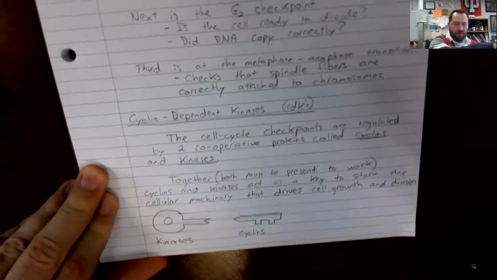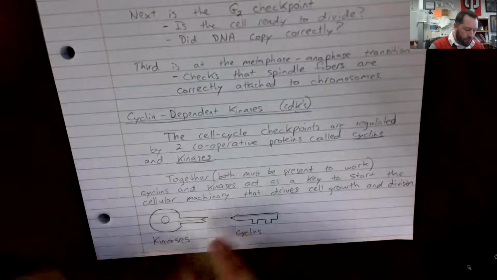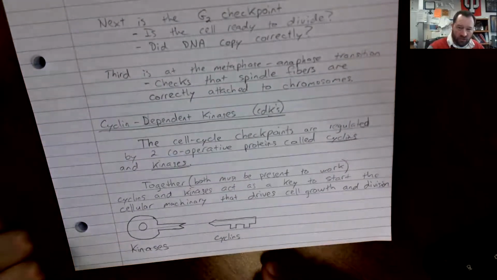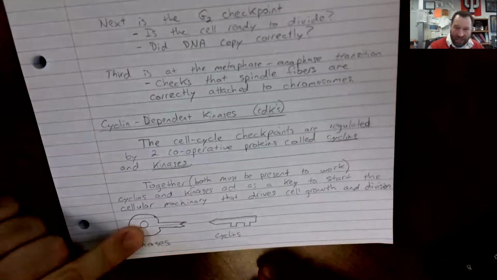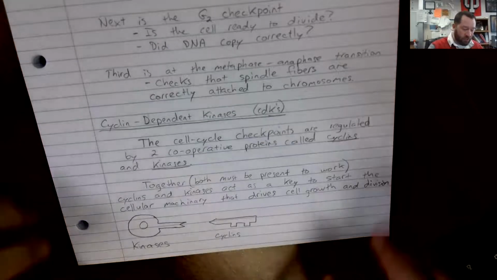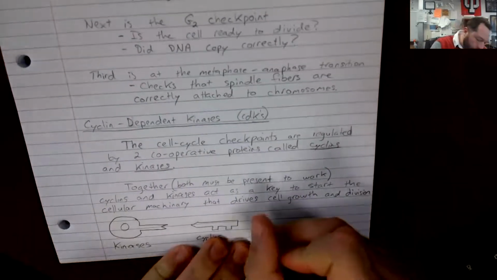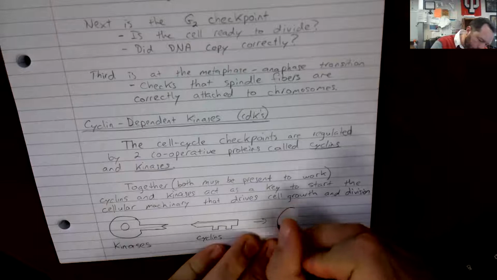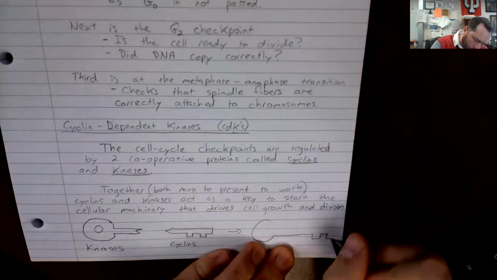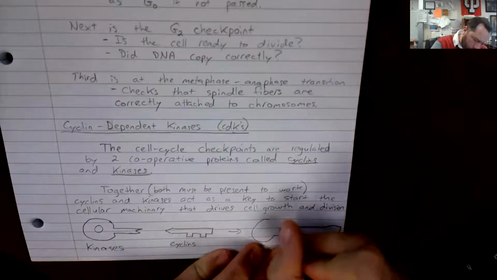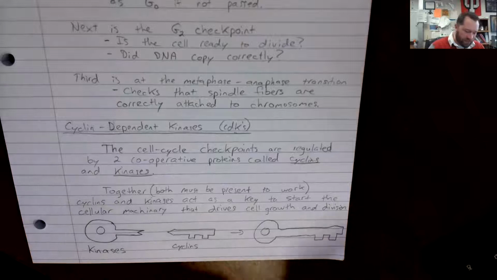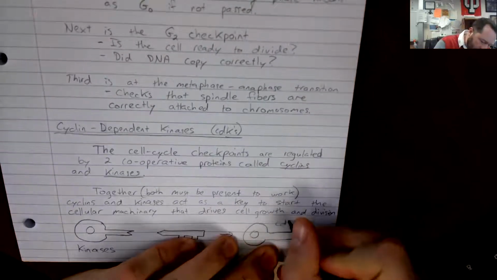And together, they're going to work really well. Individually, neither one of them works. You can turn this one, but you can't fit it into a lock. This one fits into the lock, but you can't turn it. So together they have to both be present. They're going to fit together. This is our CDK complex.